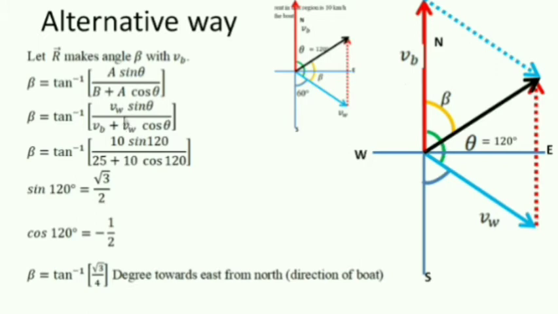Here and here I have to write the vector which is opposite to beta, so opposite to beta is V_W. If you solve this, you will get beta equal to tan inverse root 3 by 4, and this angle is degrees towards the east from the north. You can take whichever angle you like, either this or this.